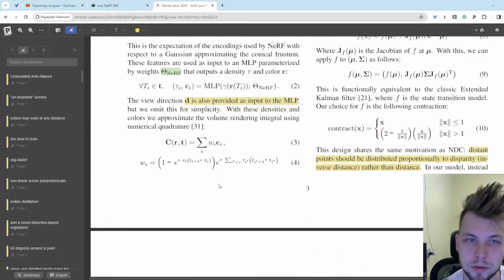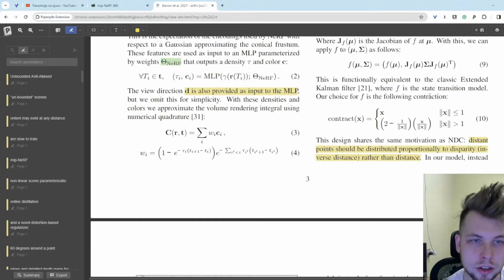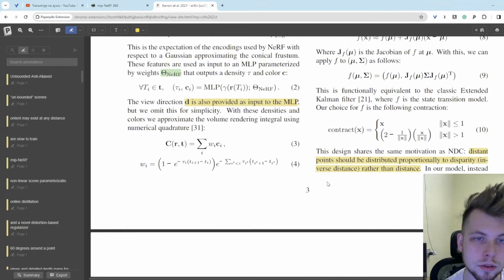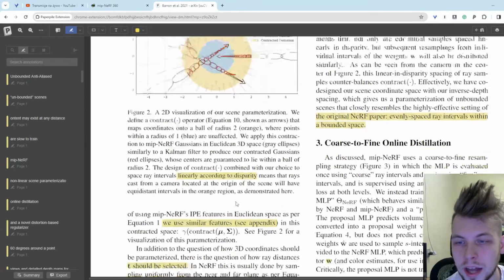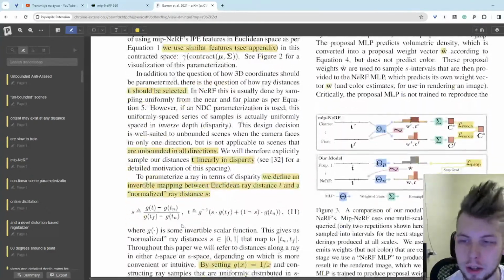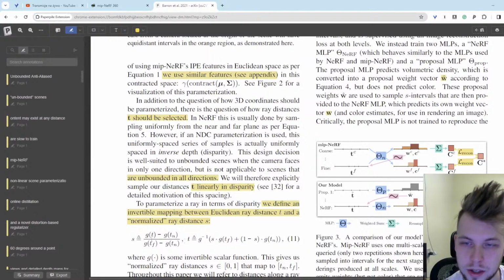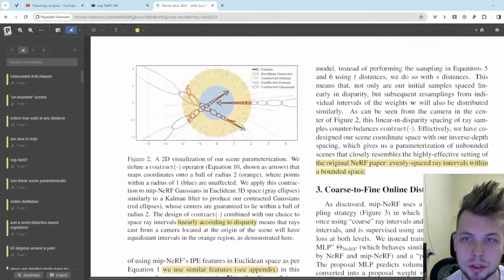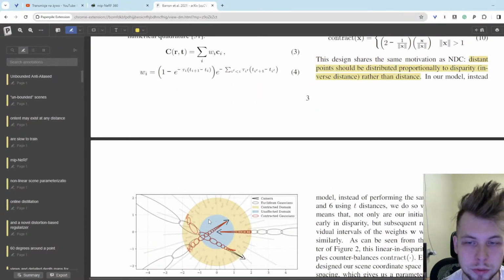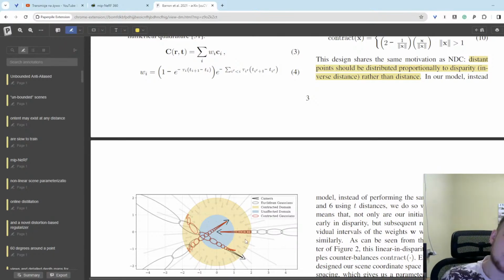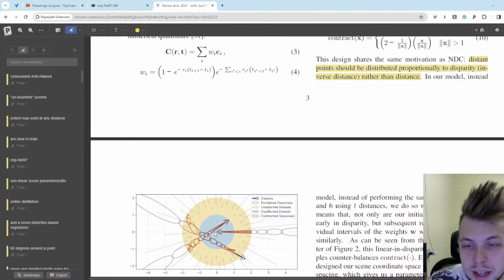And for that they provide their own contraction function that is pushing all the coordinates into this radius 2 ball, and they also provide their own distance metric S that is aligned with this contraction, so that objects that should be uniformly sampled can be uniformly sampled at S inside this ball.